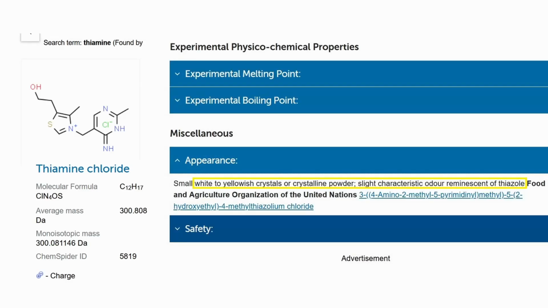The reality is that B1 actually is yellow in color. So if you wanted to double check that yourself, you could go to ChemSpider or PubChem, one of them, pull up the molecular formula, and then in the details it should say if it's odorless, if there's an odor, or if it has color and some of those chemical properties.